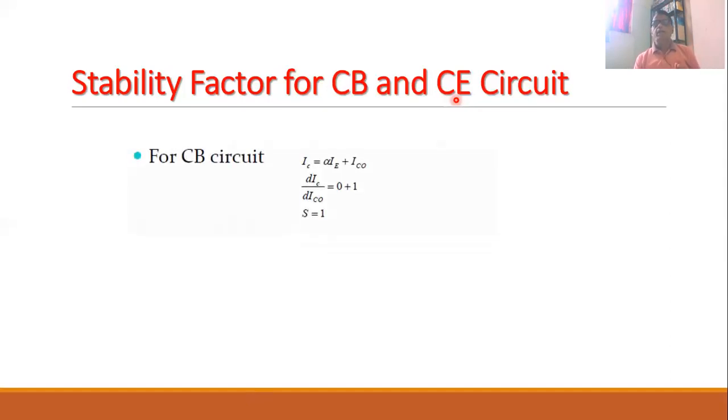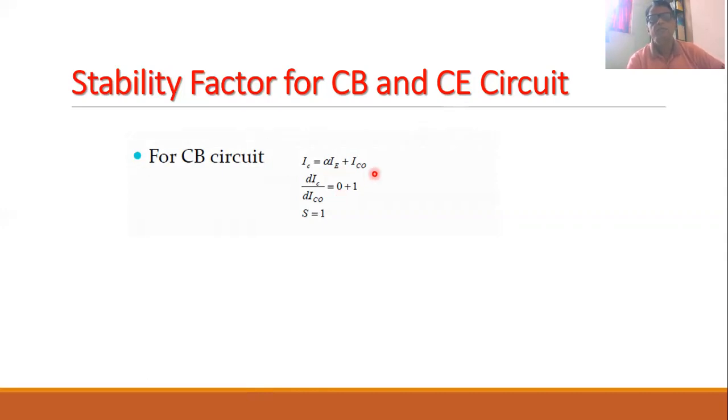For common base circuit, the collector current can be written as IC is equal to alpha times IE plus ICO, where alpha is a parameter whose value is very close to 1. Now, if I differentiate this equation with respect to ICO, then dIC upon dICO is equal to 0 plus 1. Since IE is constant, its differentiation gives a 0 value.